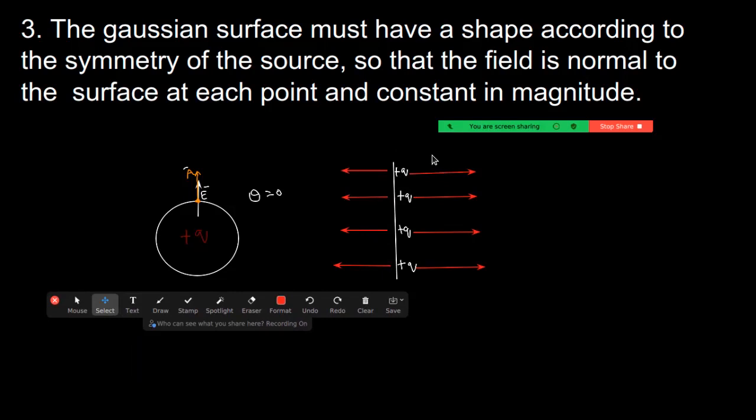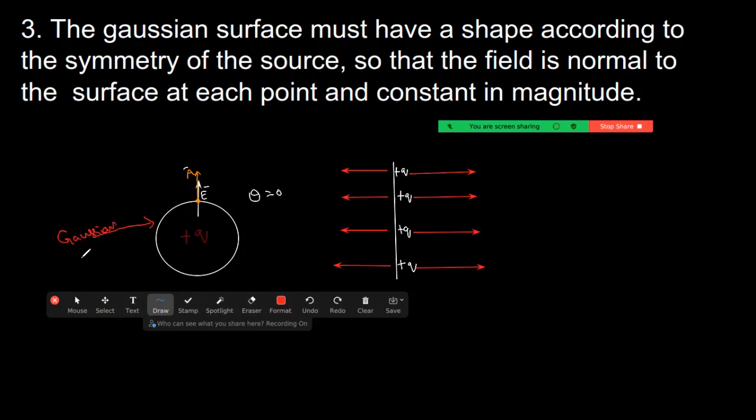So what I will do is I will take a cylinder which has the symmetry of this source, such that all the field lines will pass through. So in that way, I have not drawn a cylinder here. The cylinder becomes this particular part. This is my Gaussian surface here, this sphere whichever I have drawn.